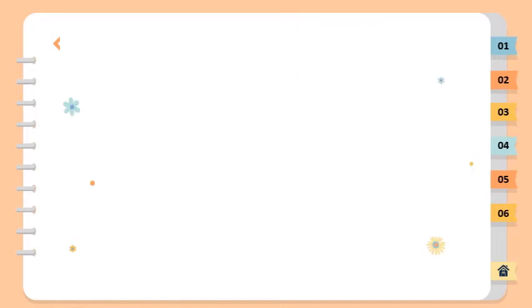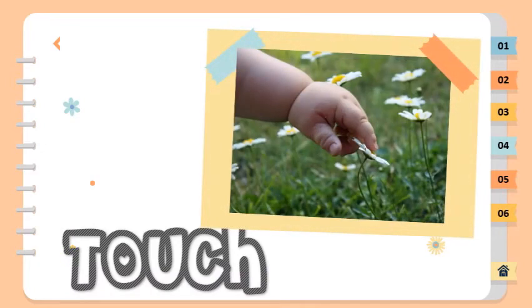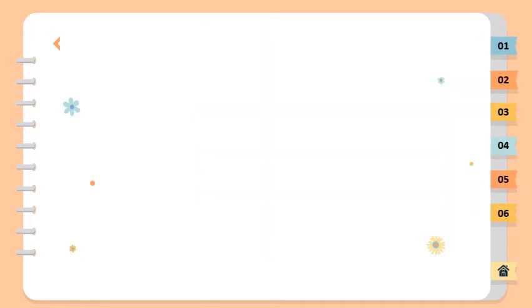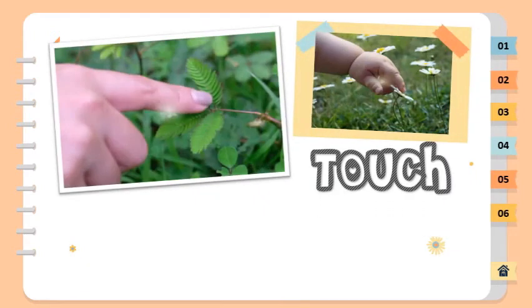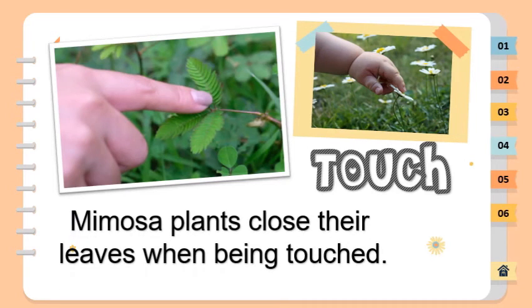And the last stimuli we're going to talk about for plants is the touch. This is a touch coming from people and also from animals. Look at the picture. This is called a mimosa plant.